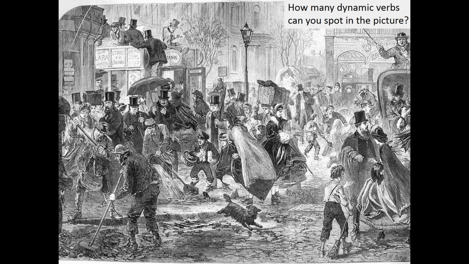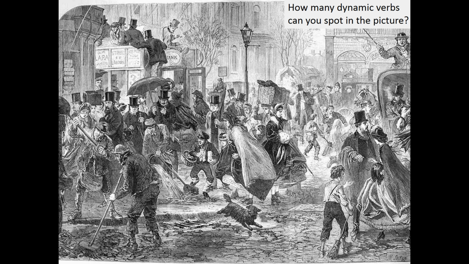So let's look at this picture. We can see a dog and it's running, so that's a physical action. That's a dynamic verb, running. We can see sweeping, we can see climbing, we can see walking, we can see that boy looks like he's skipping.